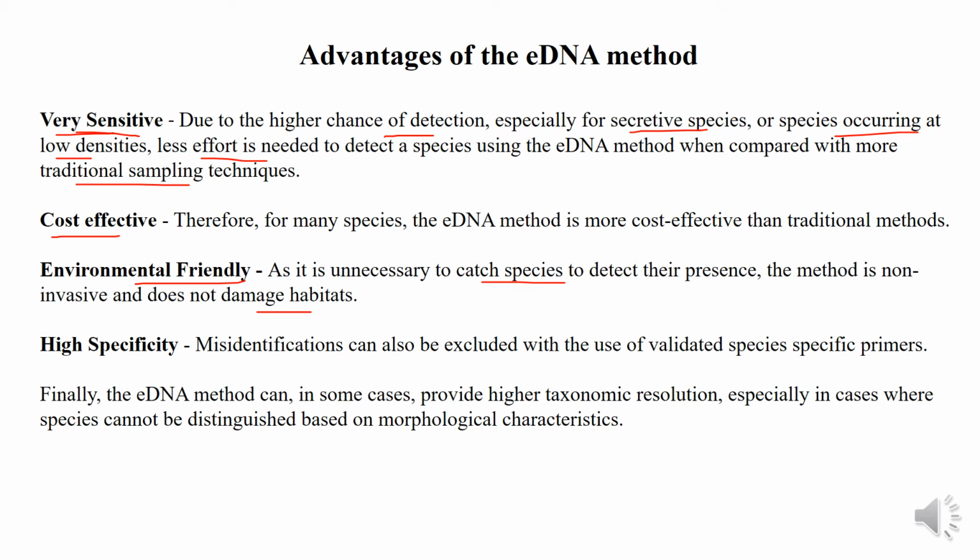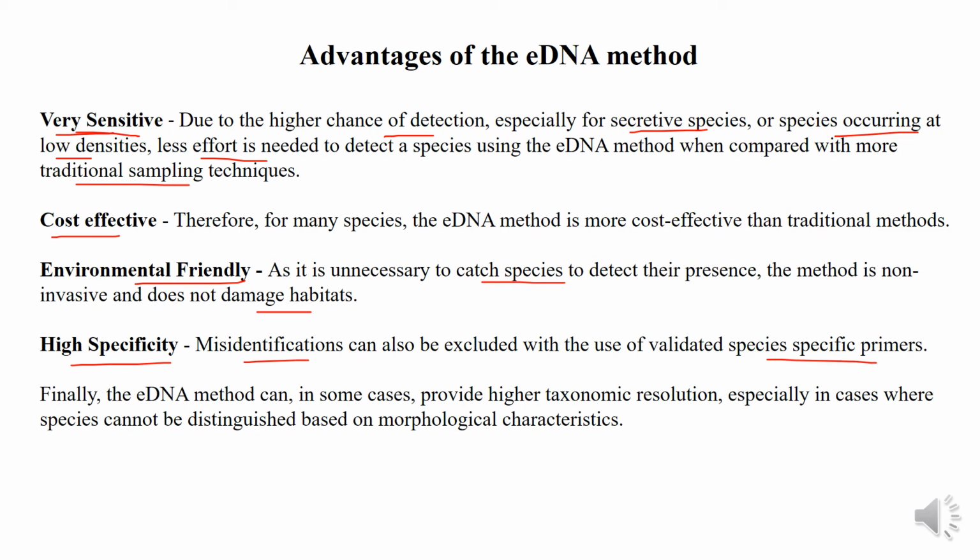And there is high specificity, so misidentification can also be excluded, because here the identification has almost 100% accuracy, or maybe 90 to 95% accuracy, since you are using a species-specific primer.